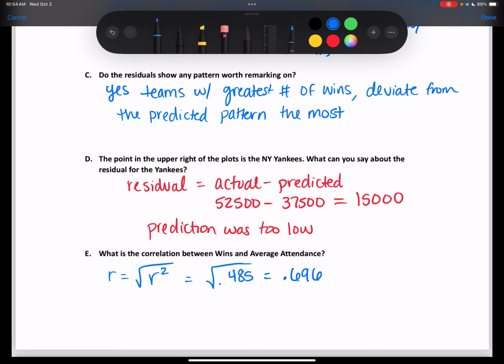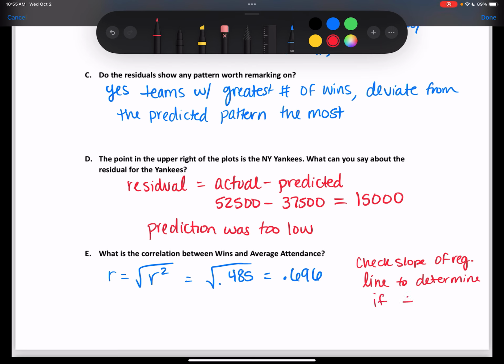Now, because it's a square root, when we take the square root of something, we have a plus or minus number. We need to determine if it's plus or minus by looking at the graph. So I need to check the slope of the regression line to determine if it's positive or negative.